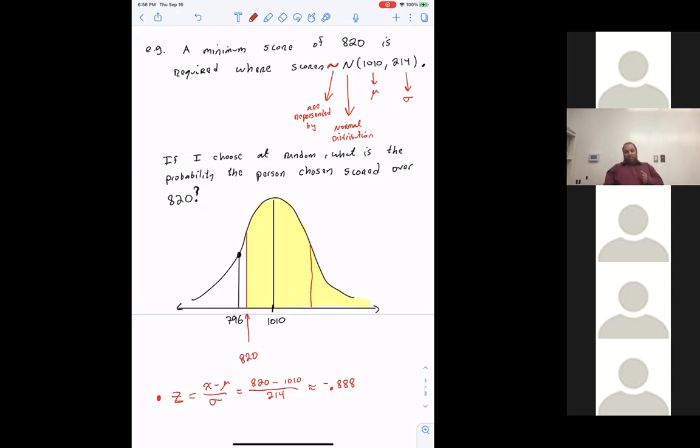If it was one deviation below the mean, I'd be at 796. Negative 0.888 means I'm not quite one full deviation below the mean. It's about 90% of the way, which is certainly the ballpark of 820. Do we agree? Does that make sense? Yes.